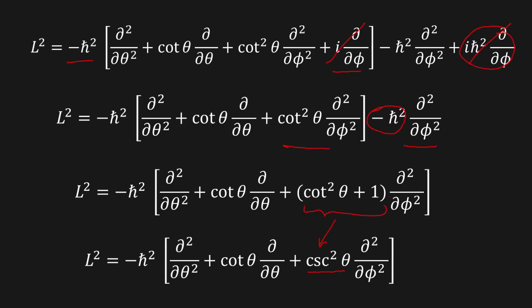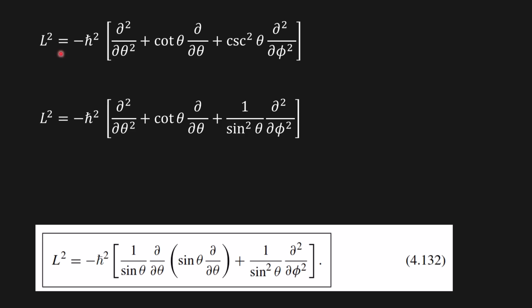And the remaining term I am keeping as it is. So this will become minus h cross squared delta 2 over delta theta 2 plus cos theta delta over delta theta, and this is cosecant squared theta delta 2 over delta phi 2. Now we got this expression.